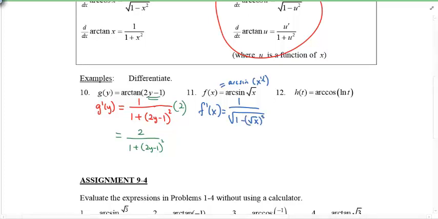And then don't forget the hook-on factor, the derivative of x to the 1/2. There we go. I can make this look a little bit nicer. 1 over 2 root x times root 1 minus x.